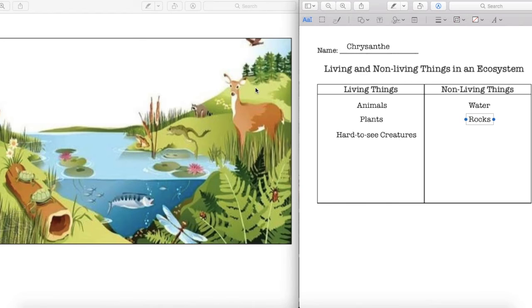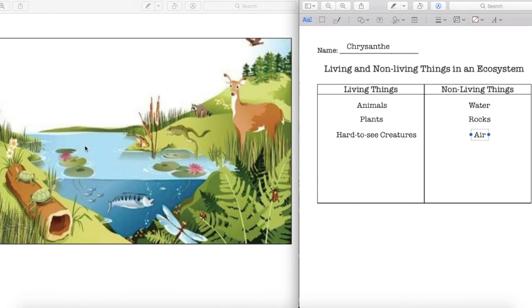What else do we see that's not alive? I see some air. It's hard to imagine, but there is air that all of these animals are breathing. So I'm going to go ahead and add air as one of the non-living things that is in this ecosystem.